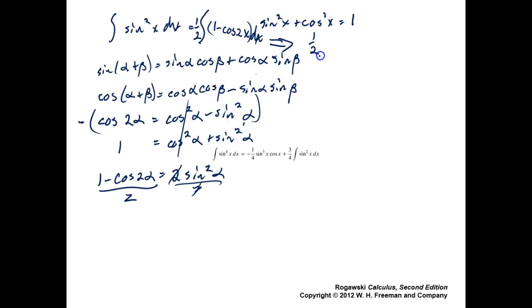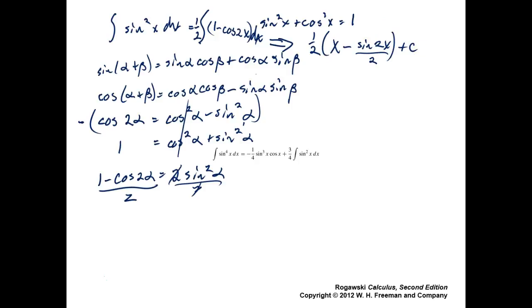I'll put the 1/2 out front. x minus sine 2x over 2, exactly. Okay? And I think you'd have a plus C, wouldn't you?